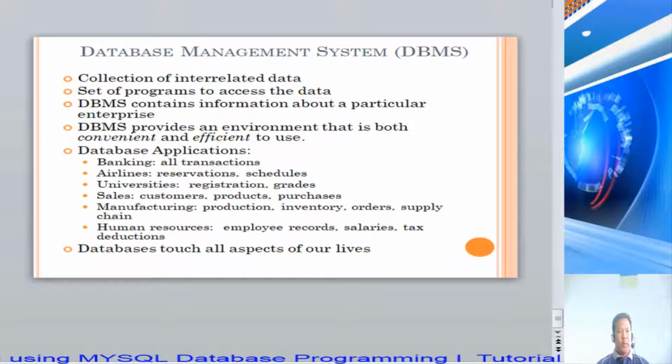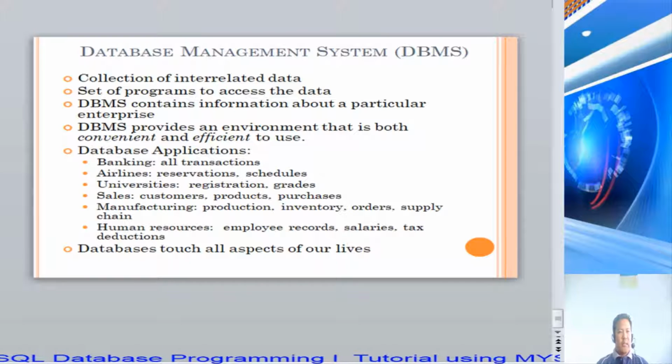It is also a set of programs to access the data. There are a lot of programs used to access the data as front end, because the database is considered the back end of our database system.